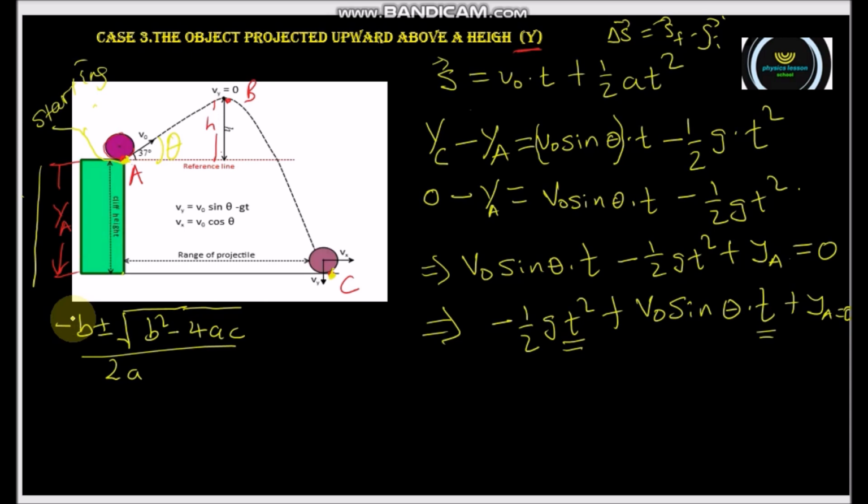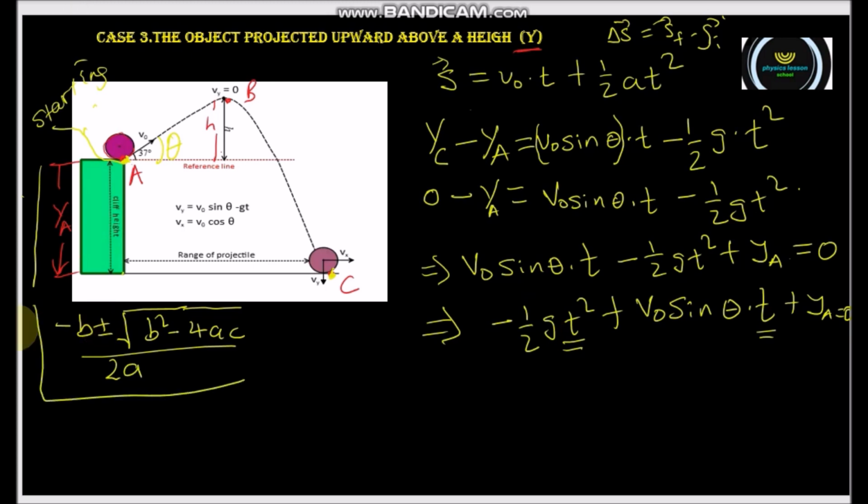So according to the given values of ya, again v naught sine theta, again minus 1 over 2 g t square, this one is a. Now this one over 2a.